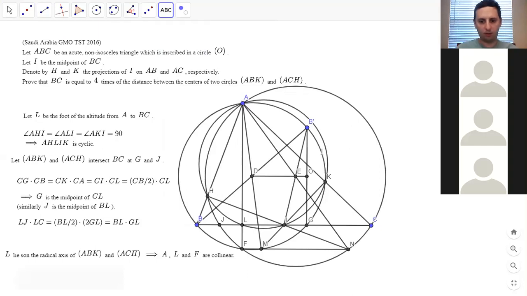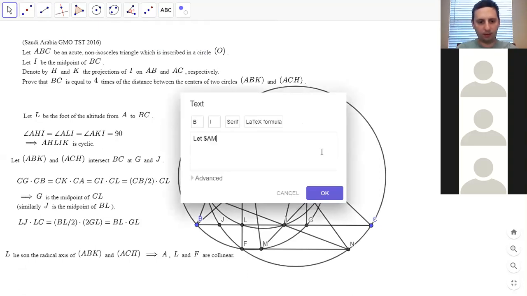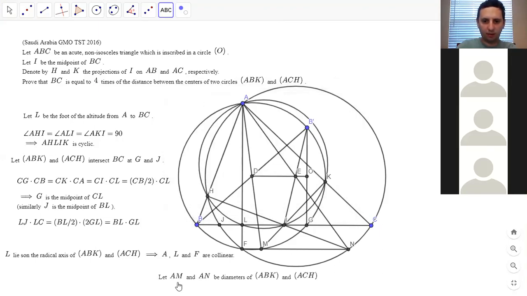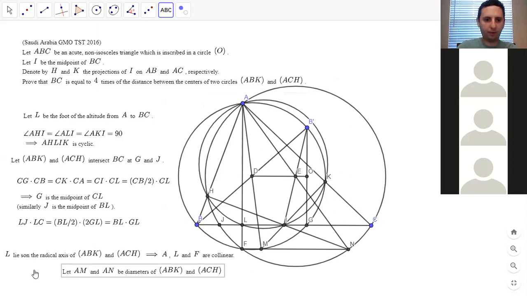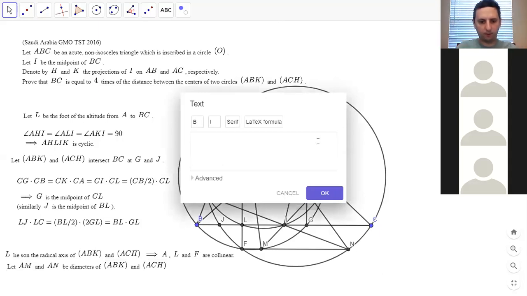So let AM and AN be diameters of ABK, ACH, and then it's KI and M. So we have angle AKI is 90, which means that KI and M are collinear.